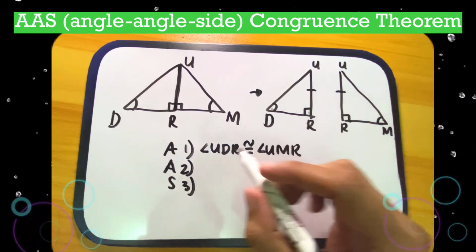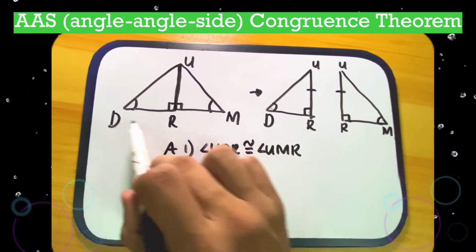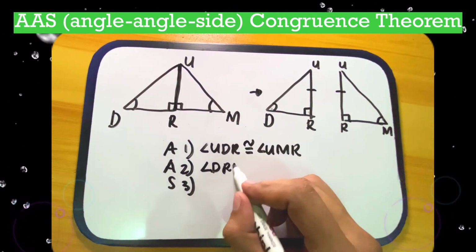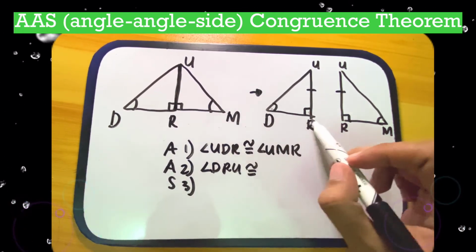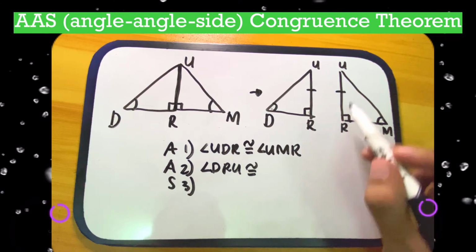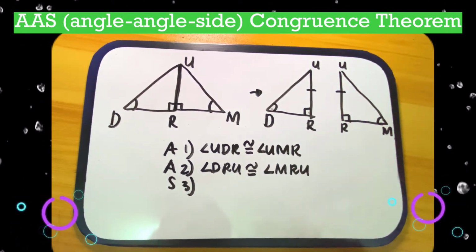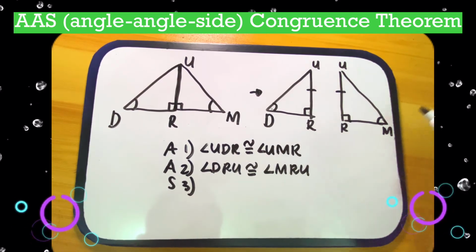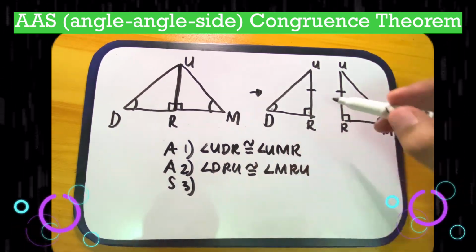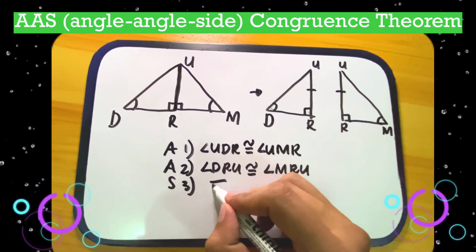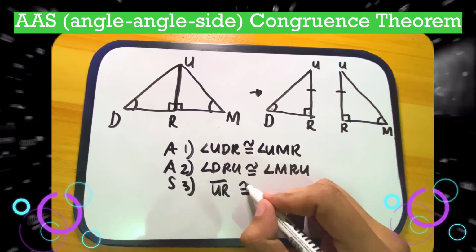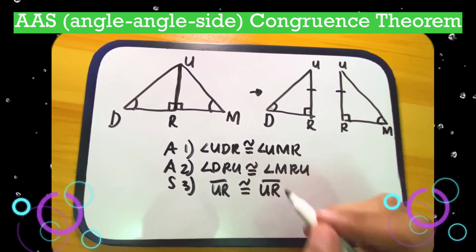So you can write angle DRU congruent to angle MRU. Next, the side, the common side. Side UR is congruent to side UR by reflexive property.